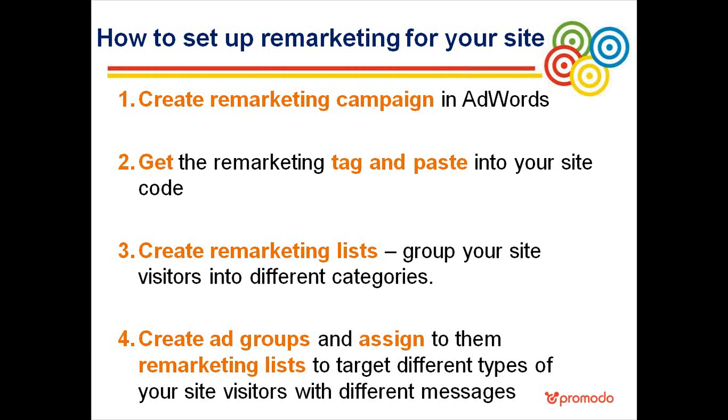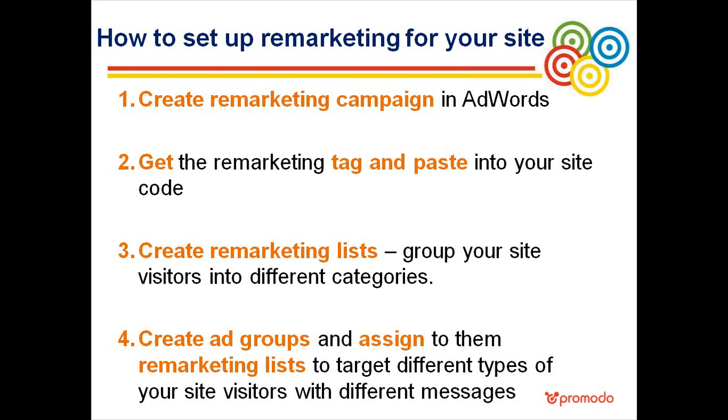Now let's see how to set up remarketing. Actually, it could be done in 4 simple steps. Firstly, you create remarketing. You go to Google AdWords account and create remarketing campaign. Secondly, you get the remarketing tag and paste it into your website code. The third step, you create remarketing lists.